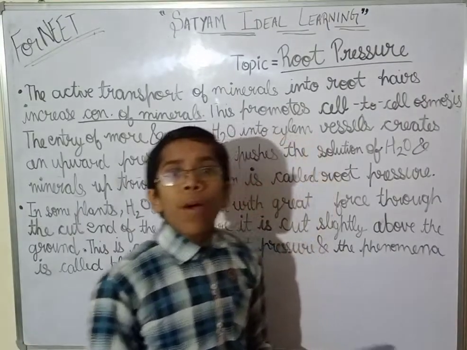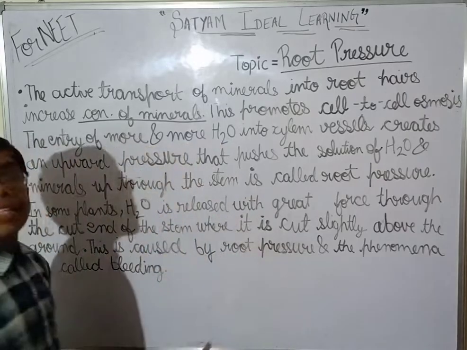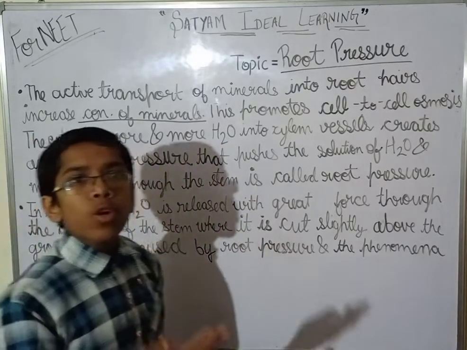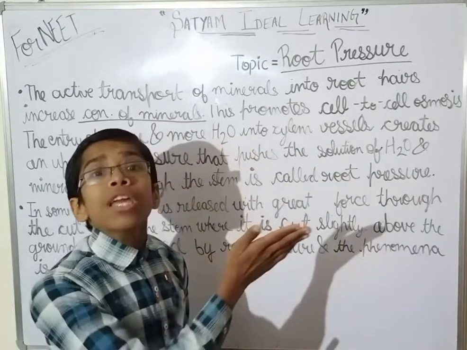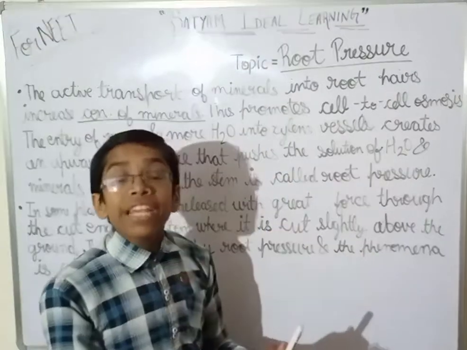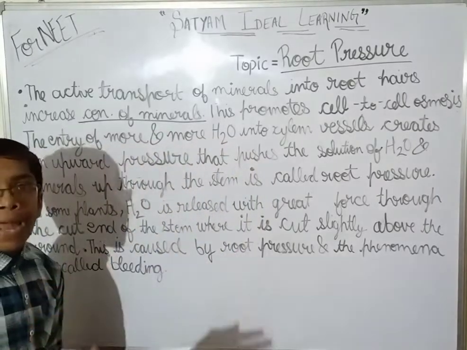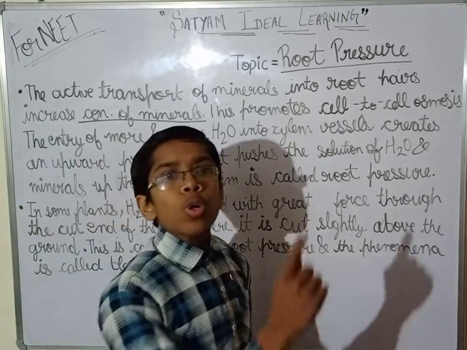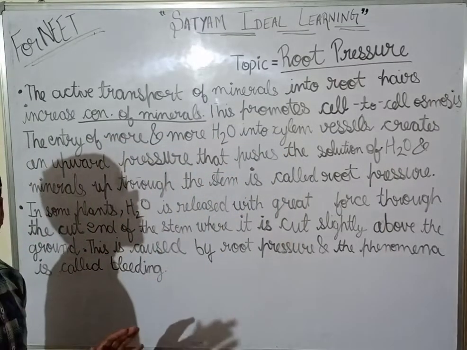The water from the soil will go inside the root hair, then cell to cell osmosis will carry it into the root tissues, and then it will reach the xylem of the plant and go through the xylem. This is how it is moving.